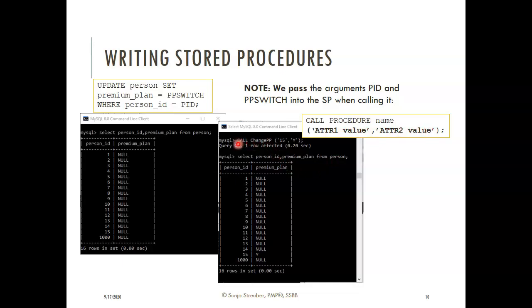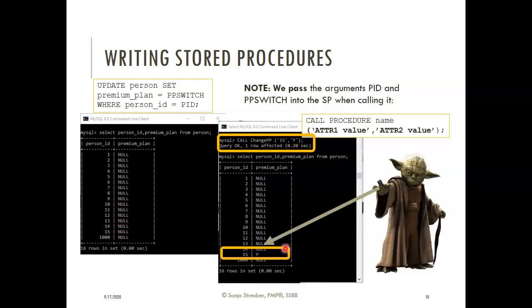We're seeing this here with our call change PP and then 15 and Y. So we are passing the 15 as the person ID that we're filtering for, and we want to change this null value into Y. And then as we see in the output, as we look again at these two columns in our person table, that is exactly what has happened.